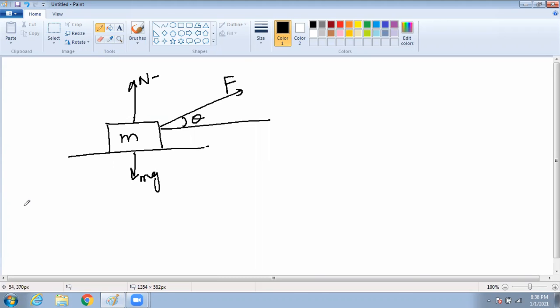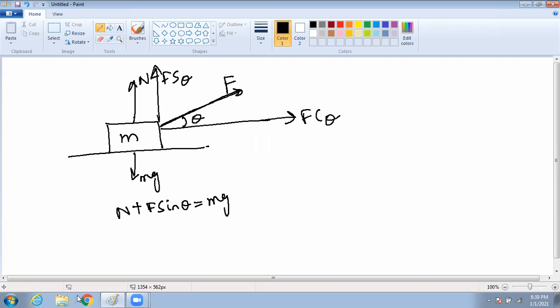Clear? Whenever F is there with an angle, you will have an upward component F sin theta and a horizontal component F cos theta. So N plus F sin theta equals mg.